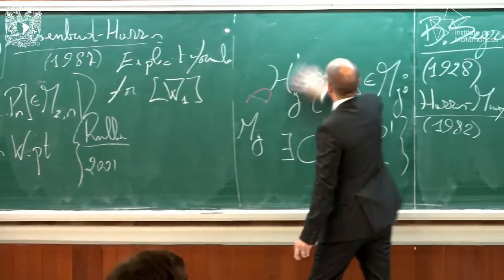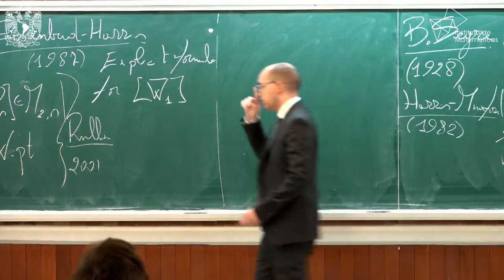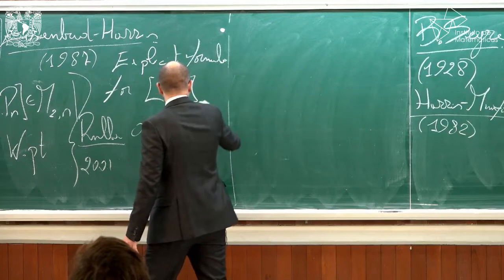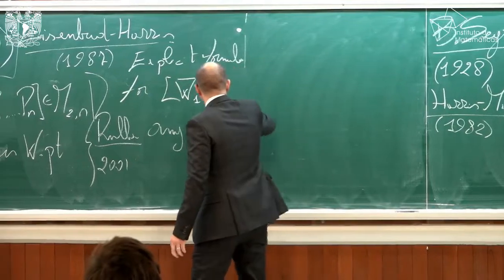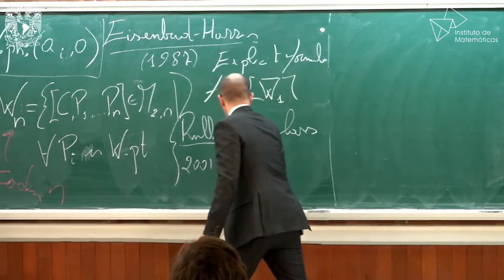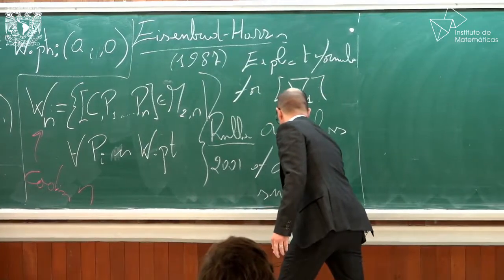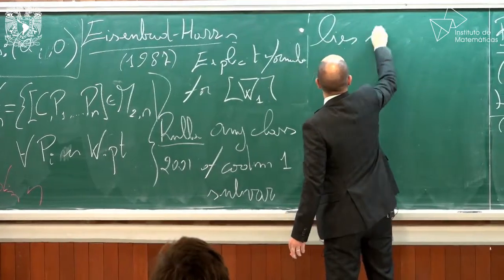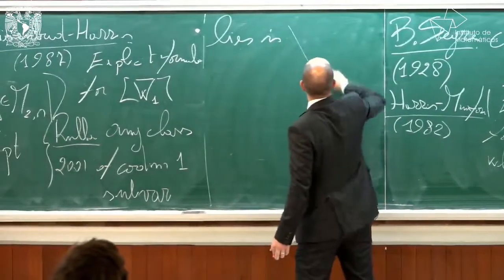If you look at any class of a codimension 1 subvariety, it lies in a polyhedral cone.